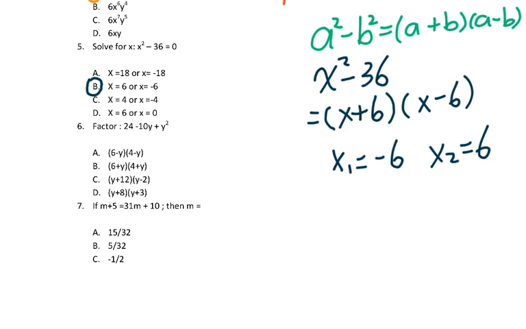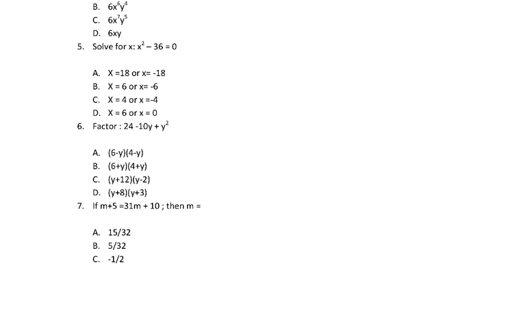For number 6, factoring. For this factoring, first of all, you need to change into standard form, which means the exponents descending. I will get y squared minus 10y plus 24. We can use Ninja X to do that.